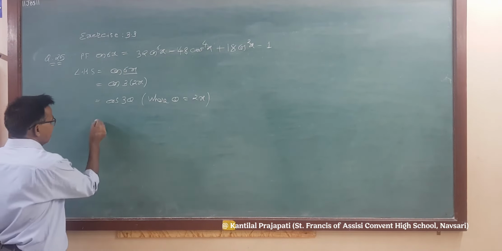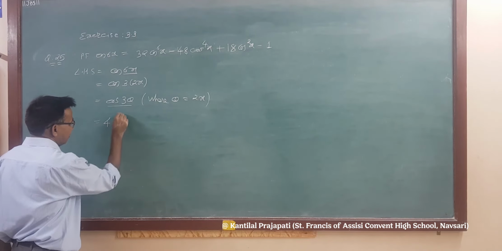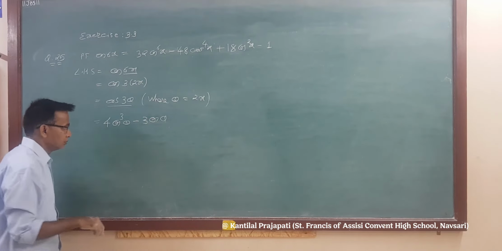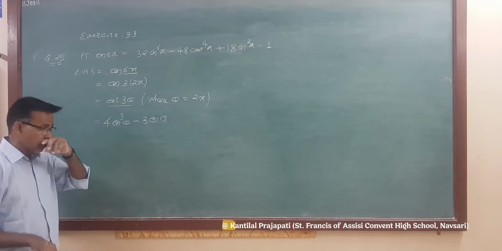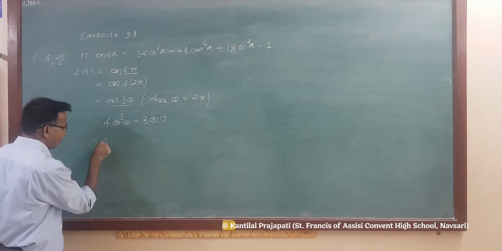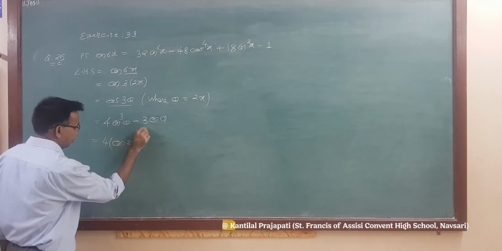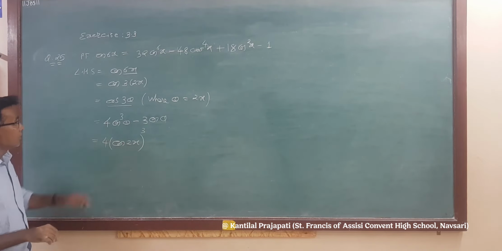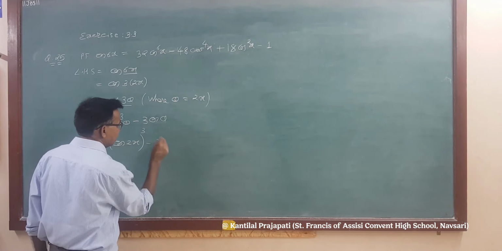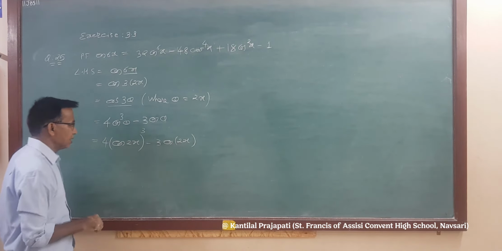You have to remember this formula. Now substitute theta is equal to 2x: 4 into (cos 2x) whole cube minus 3 cos 2x, putting theta is equal to 2x.